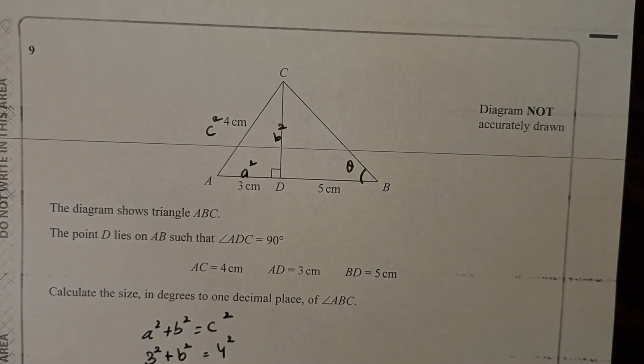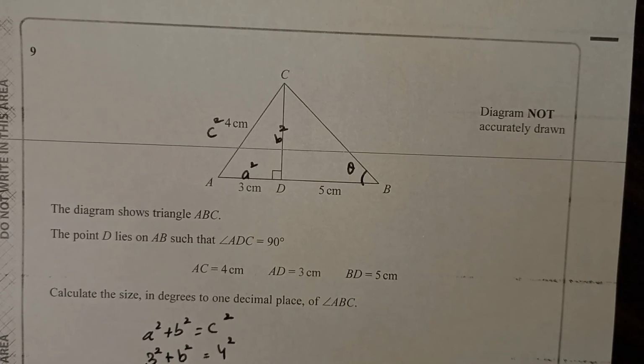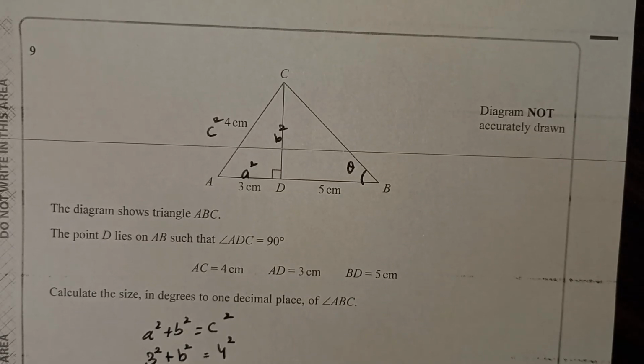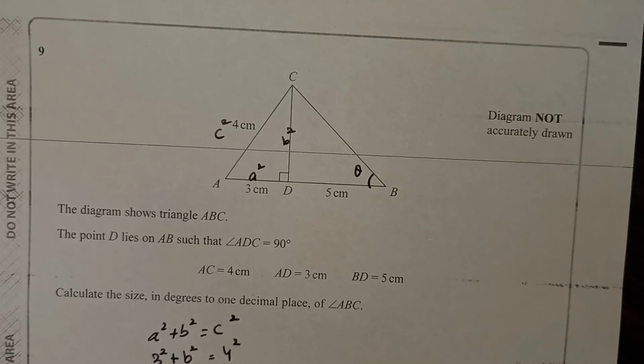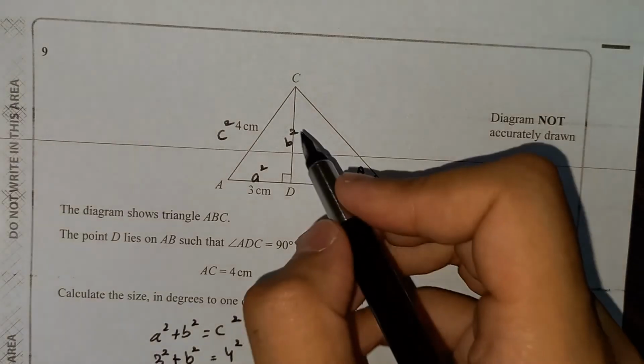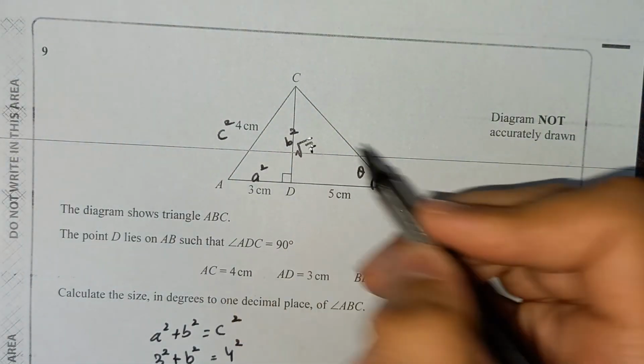Opening this up, b square is 16 minus 9, which gives us 7. To find b, we simply take the square root of 7. Under root 7 will be this value.